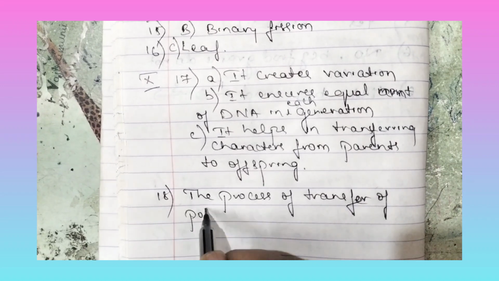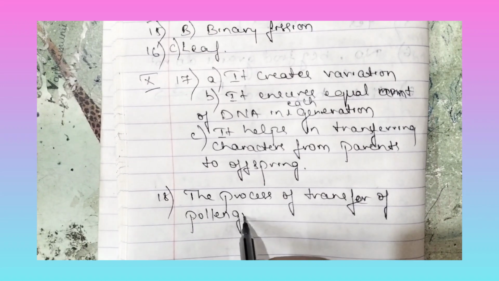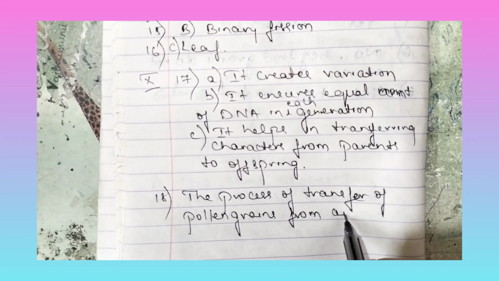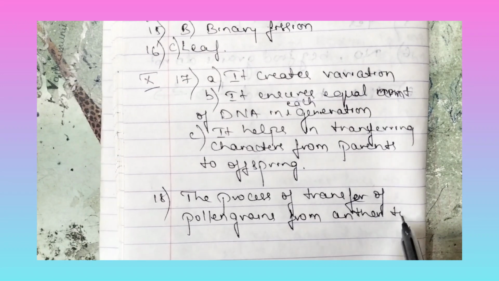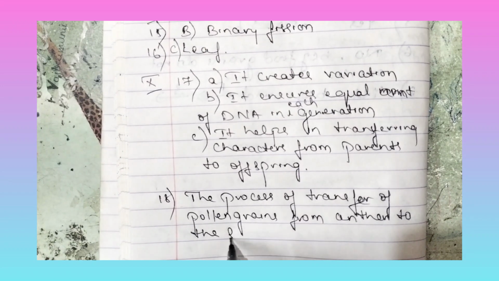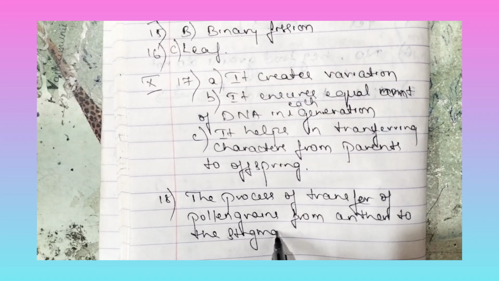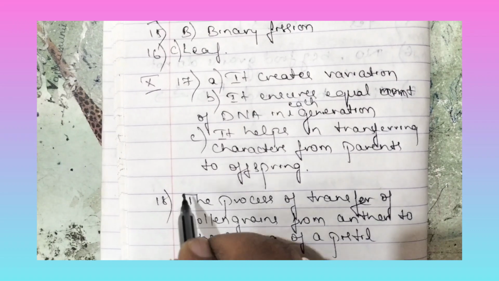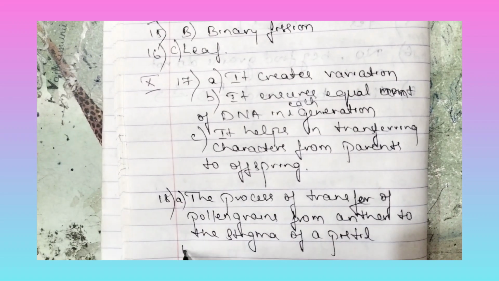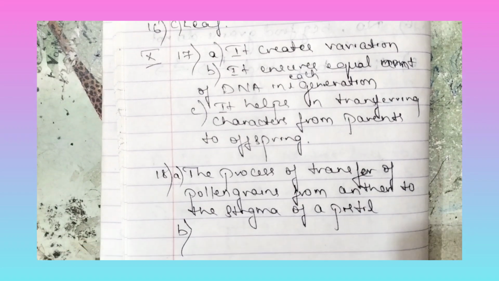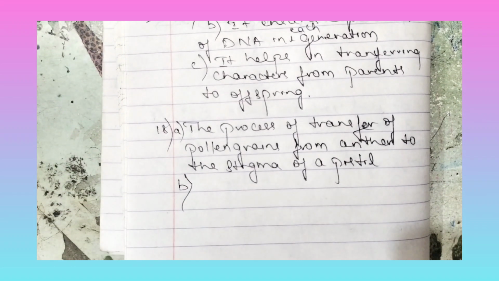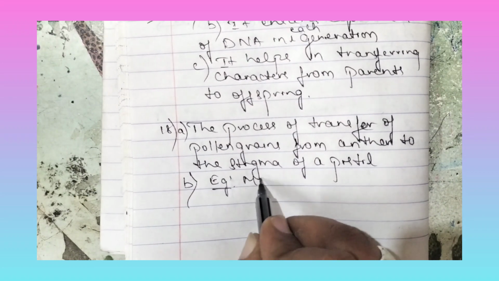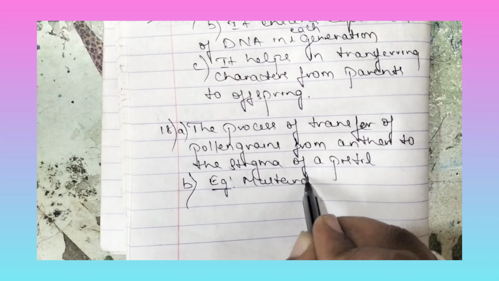The process of transfer of pollen grains from anther to the stigma of a pistil. So this is the A answer. Then the B question is, give example for bisexual flower. Examples for bisexual flower are mustard and hibiscus.